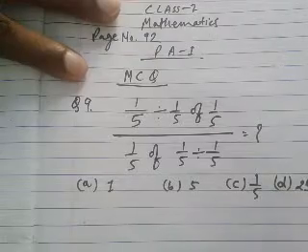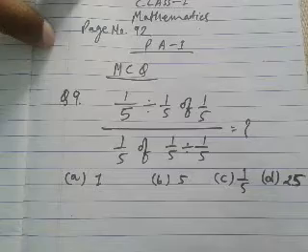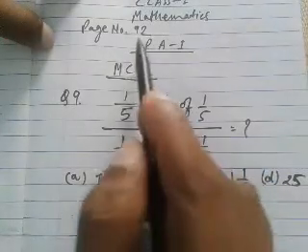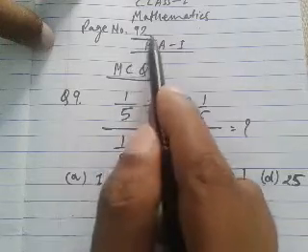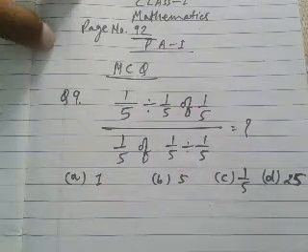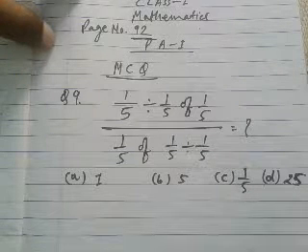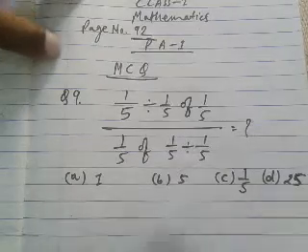So what will be the correct option for this question? This question is given in your textbook on page number 92. If you have any problem, then you can see from your book.